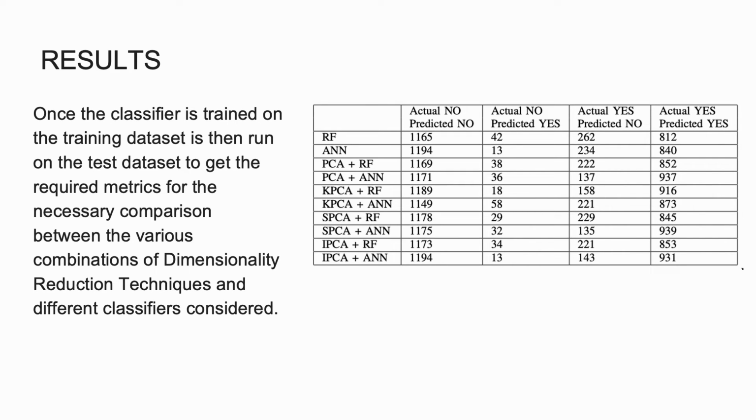Once the classifier is trained on the training dataset, it is then run on the test dataset to get the required metrics for comparison between the various combinations of dimensionality reduction techniques and the different classifiers.